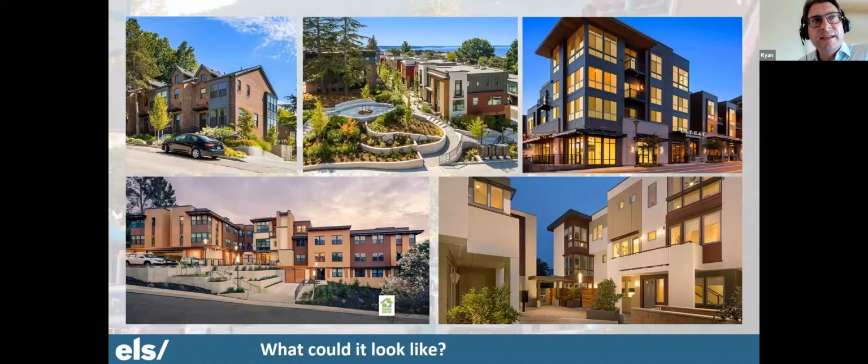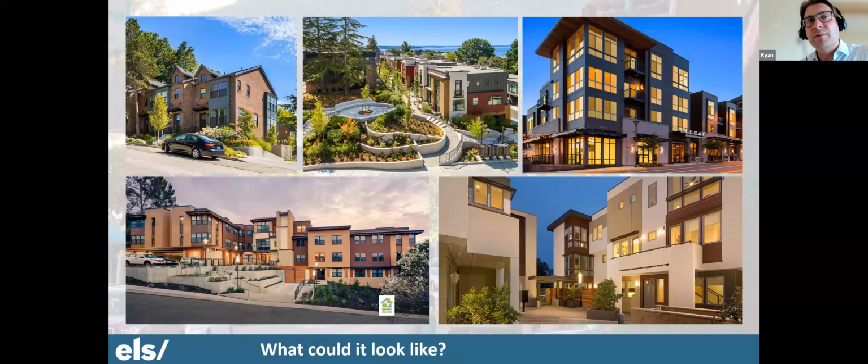And so these are some examples of various 3- and 4-story buildings that are recently built. Walnut Creek, this is up in Queen Anne, up in Seattle. I wasn't trying so much to show a style. It's really just to give you an idea of the height and how some buildings are approached from a massing perspective.